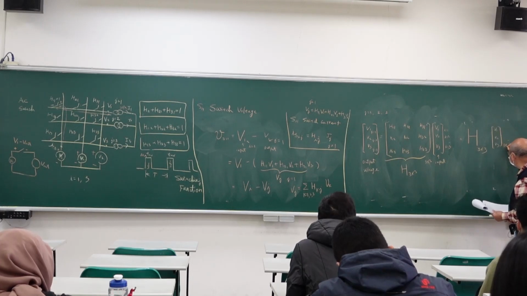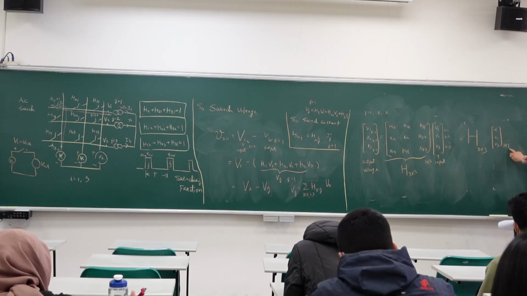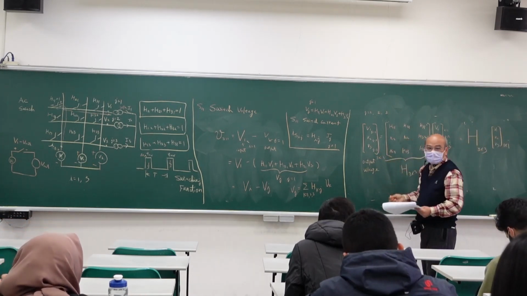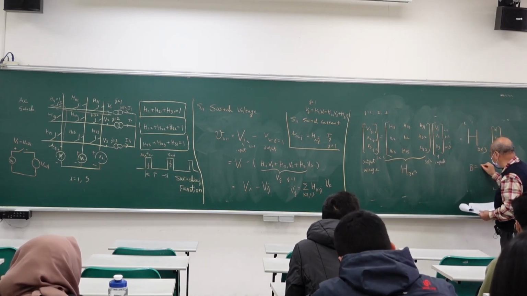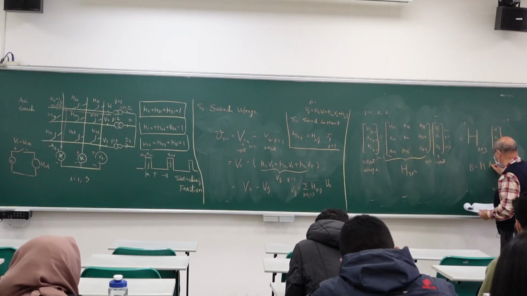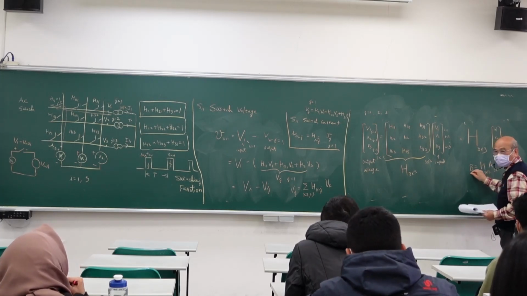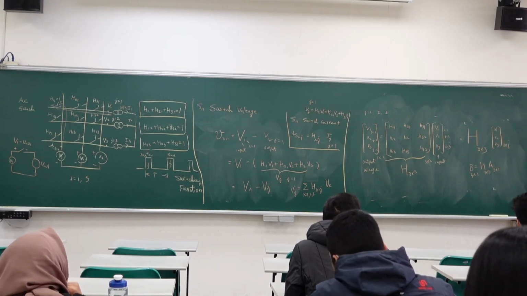So this is 3 by 1. So 3 by 3 multiplied by 3 by 1 becomes what? 3 by 1, right? So you learned matrix: B equal to HA. This is 3 by 1. This is 3 by 3. How about this one? 3 by 1. So it is correct.